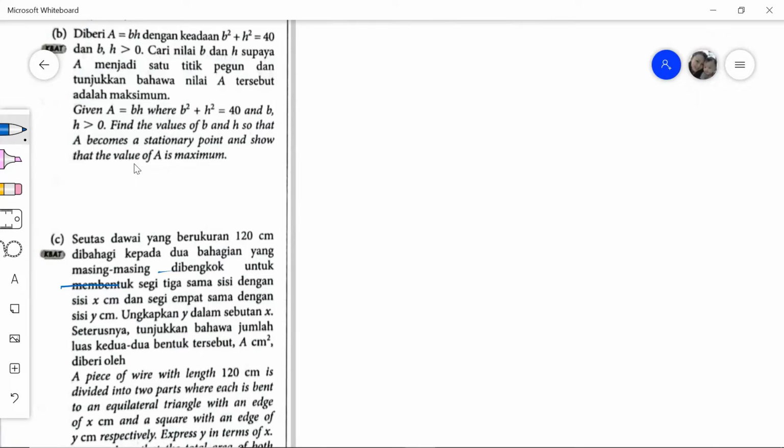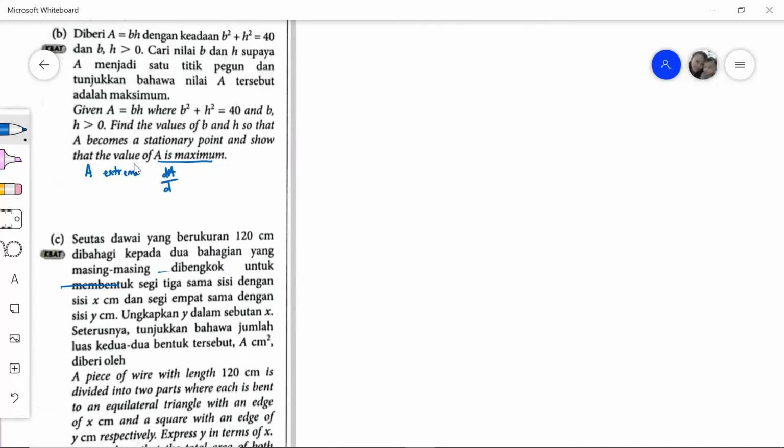So how? Over here, we have A equals bh. If I want to find the stationary point of A, we are going to determine A max or A min. A will be an extreme value when we differentiate A with respect to any one of the variables.